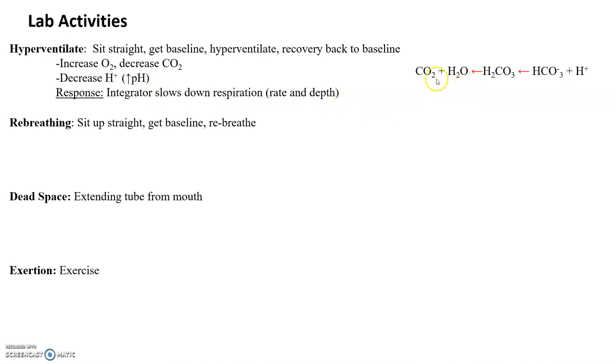So the equation would look like this. If we decrease carbon dioxide, then that shifts the equation towards the reactants, or towards the left. And so the hydrogen ions in this case would also go down.